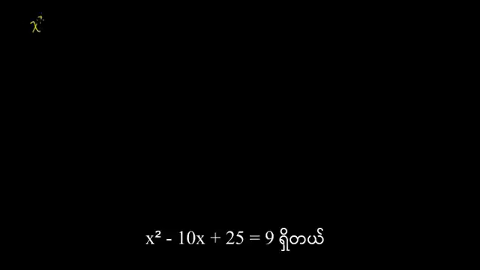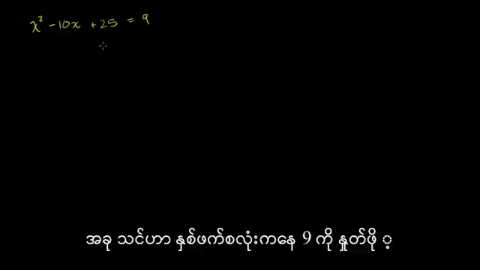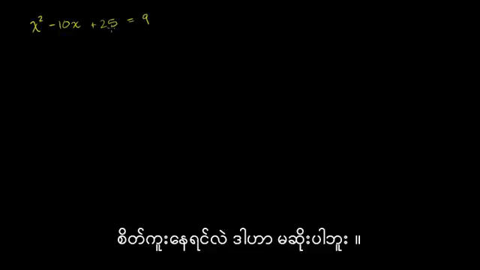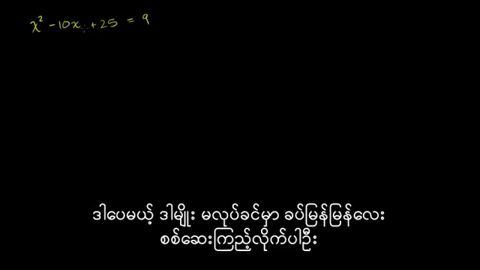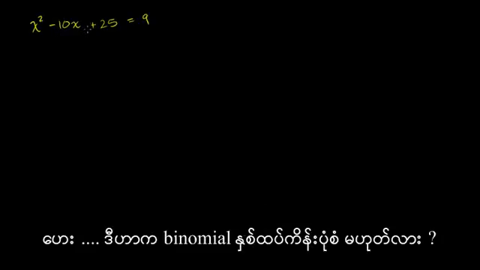So let's say you have x squared minus 10x plus 25 is equal to 9. Now, once again, your temptation, and it's not a bad temptation, would be to subtract 9 from both sides, so you get a 0 on the right-hand side. But before you do that, just inspect this really fast. You say, hey, is this just maybe a perfect square of a binomial?